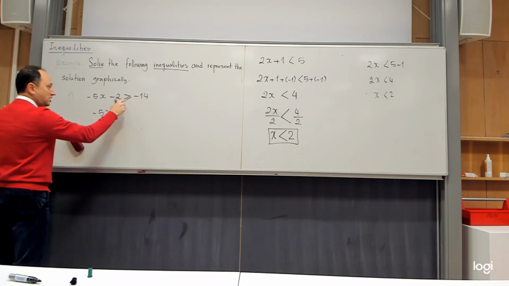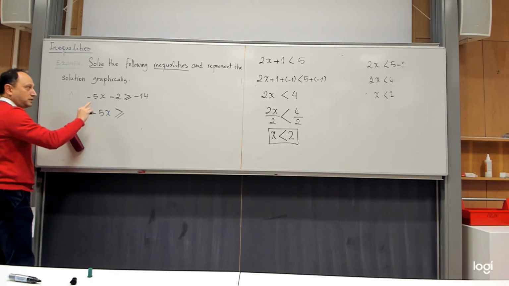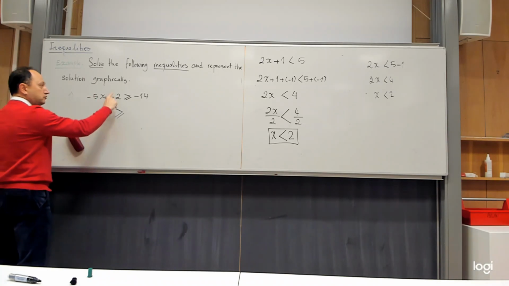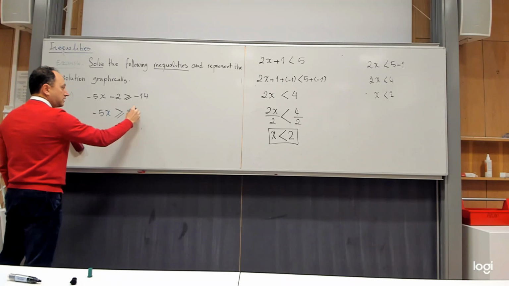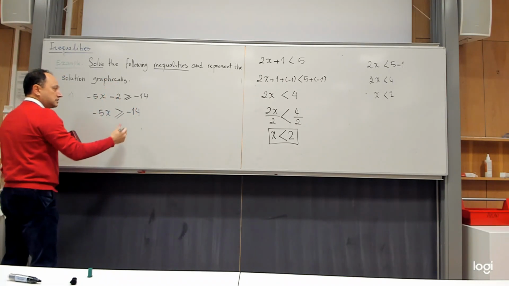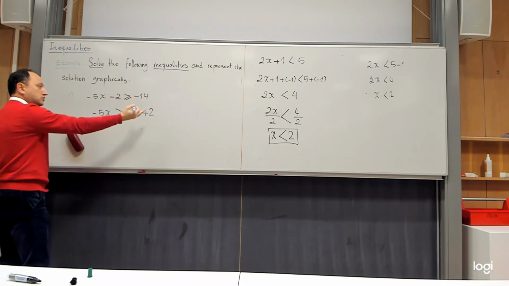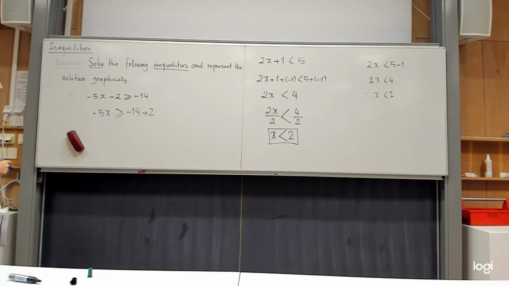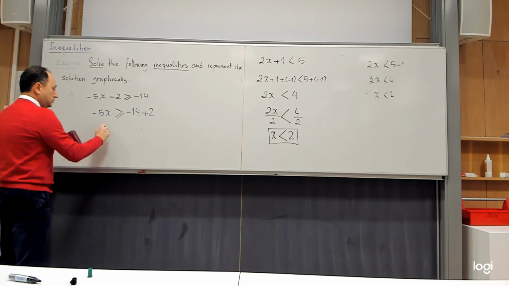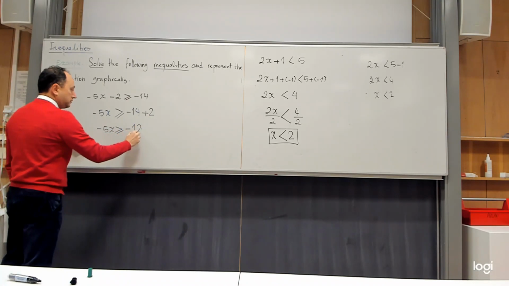So I keep the sign the same, you see, because this operation is not one of those operations that will change the direction. I move minus, so minus 14 is already there. I add positive 2 to both sides. The net effect would be moving minus 2 to the other side. And then you simplify a little bit, it becomes minus 12.